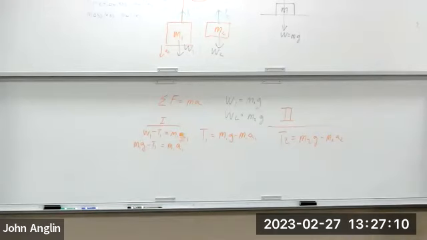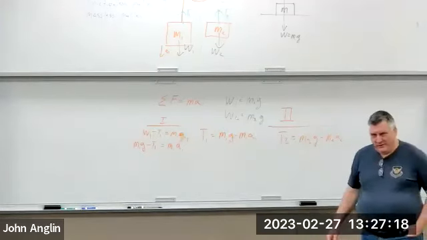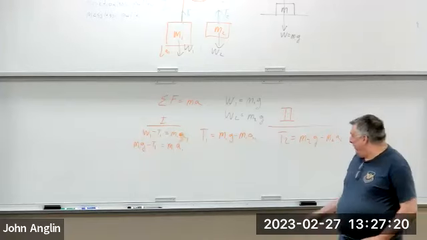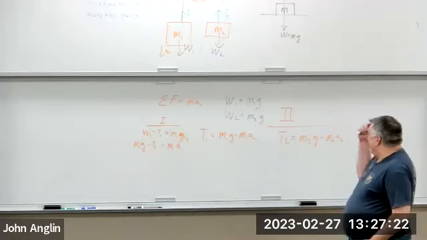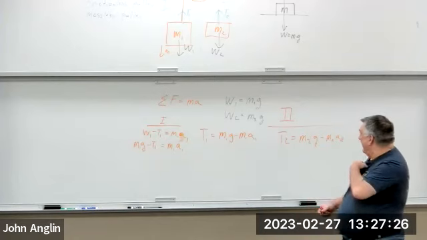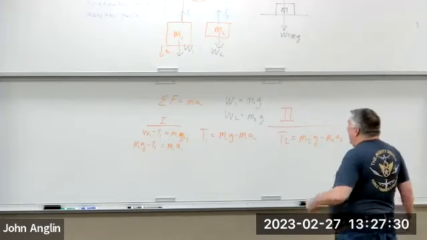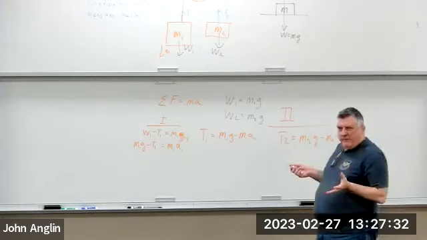What can we say? What can we safely assume about the two tensions? Since we know that this rope is massless, we know the pulley is massless and frictionless, then the pulley might as well not even be there, right?